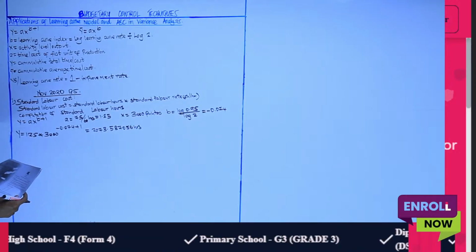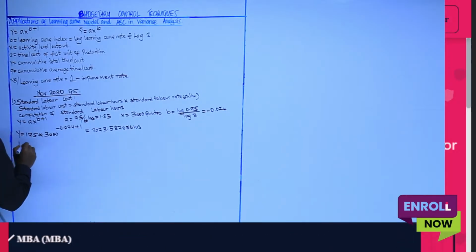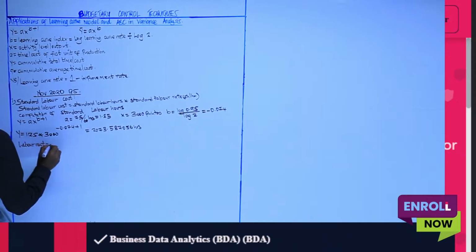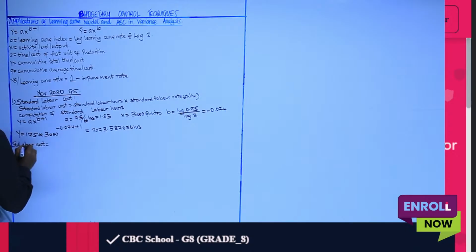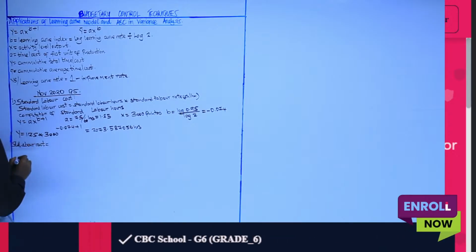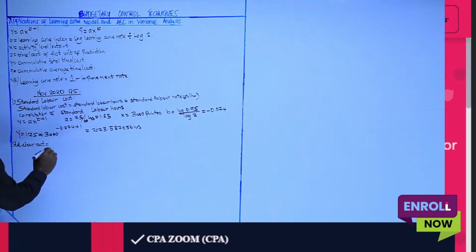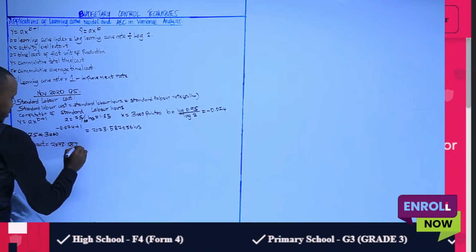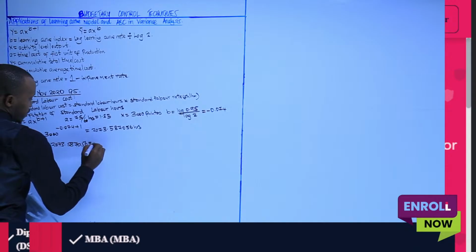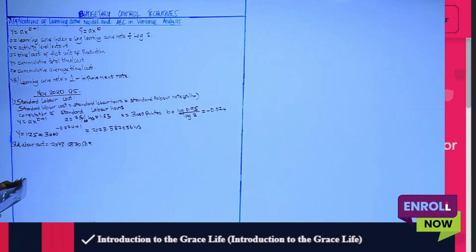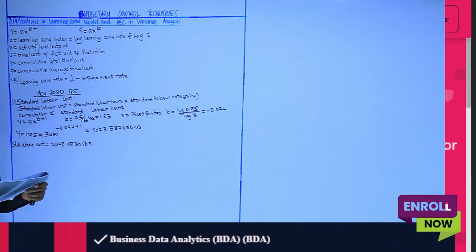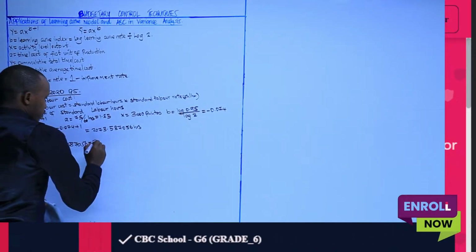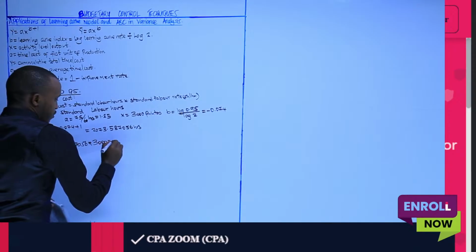All right. So your standard labor cost now, you're using 2073.587056 hours. You multiply that by your standard labor rate per hour, and your standard labor rate per hour was 3,000.